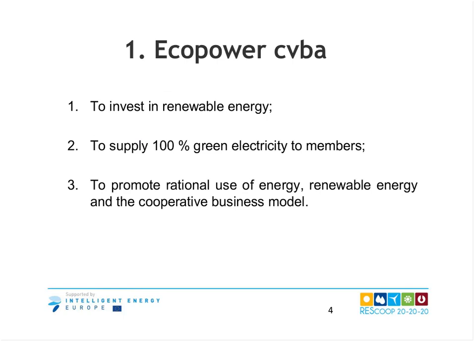And we have 3 main reasons of existence. We want to promote the rational use of energy. We want to promote renewable energy, and it's very important, the connection between both. And we also added a few years ago, we want to promote the cooperative business model, because also how you do it is very important.